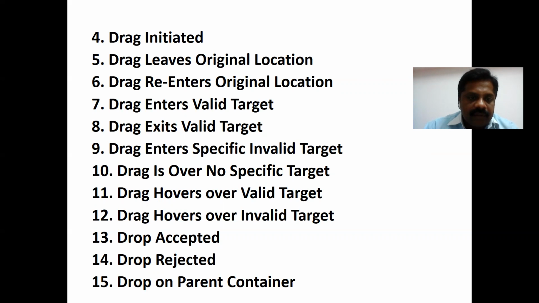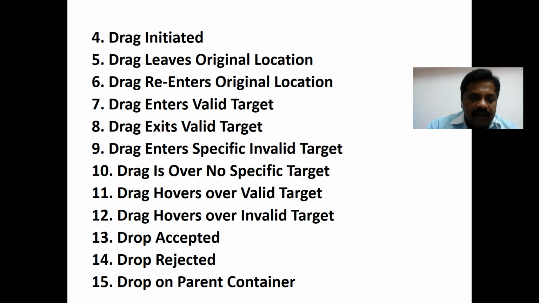For example, if you reach the target place, it shows the exact place. Drag enters specific invalid target. If you do not reach the proper target, then it will show the invalid target. Drag is over no specific target. If there is no specific target, you can place the object anywhere you wish. You can drop it any place.